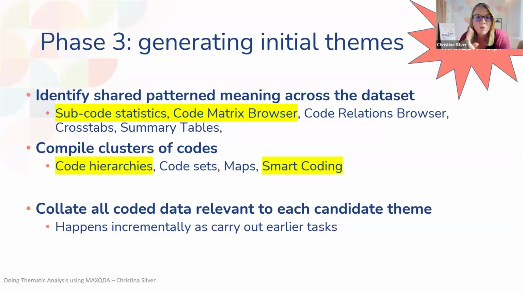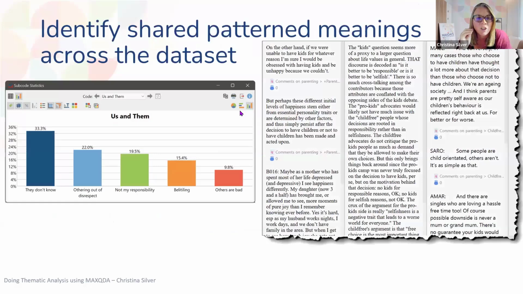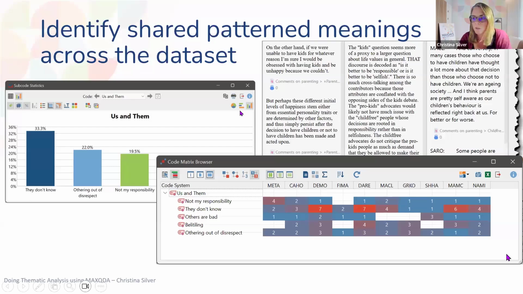But remember, what we're doing is we're thinking about identifying shared patterned meanings across the whole data set. So here I've got subcode statistics, and this is giving me a sense of which codes that hang underneath another top code are occurring, are coding more or less of the data. So that's giving me a sense of pattern meanings across the data set.